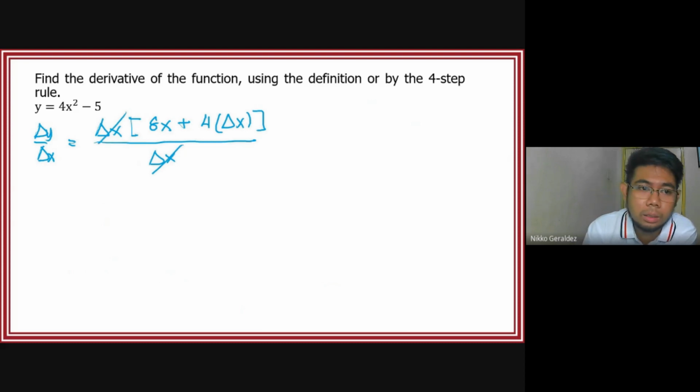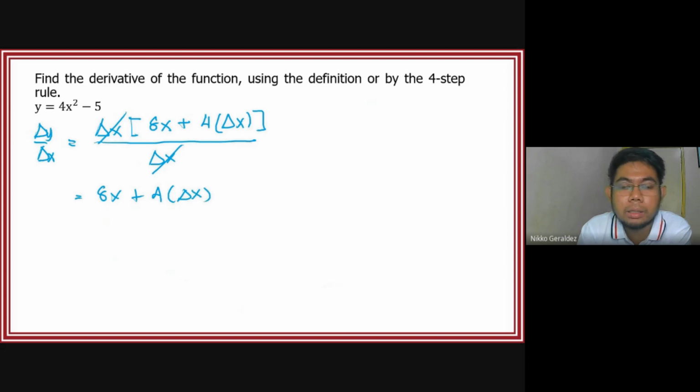That is equal to 8x plus 4 times delta x. So that is step 3.